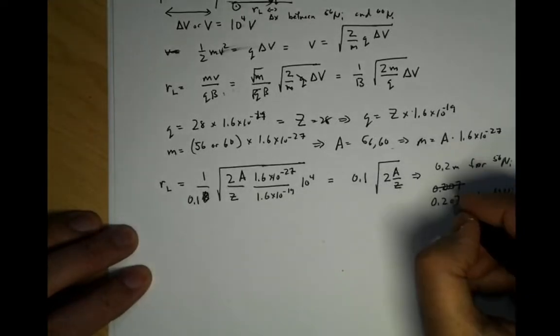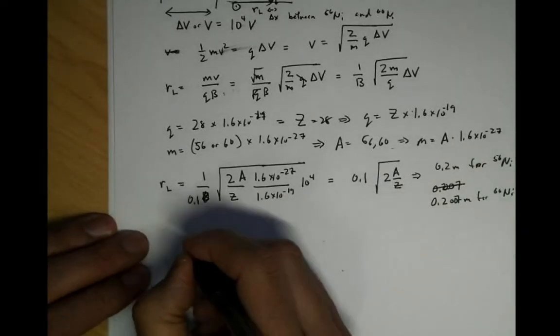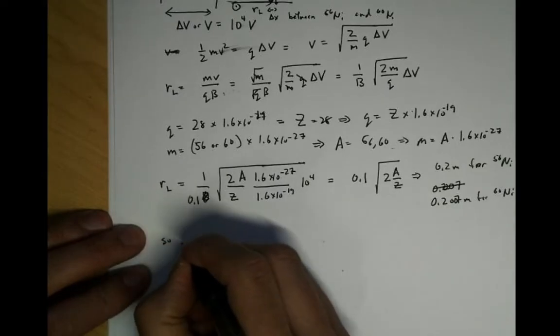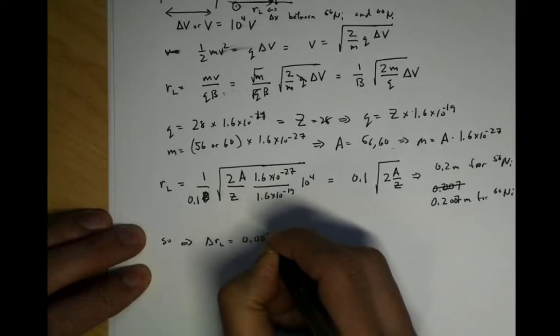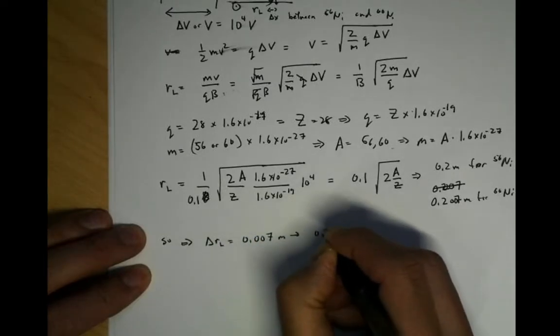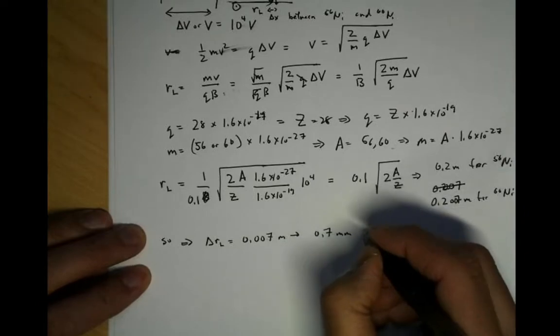Sorry, it's actually 0.207. So the difference, delta R_L, is 0.007 meters, which is 0.7 millimeters. That's the difference.